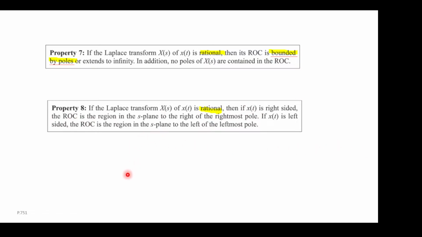So you go from the rightmost pole to plus infinity. If you are a left-sided function, then your ROC should go from the leftmost pole to negative infinity. So this is really just combining previous properties. Maybe let's see an example.